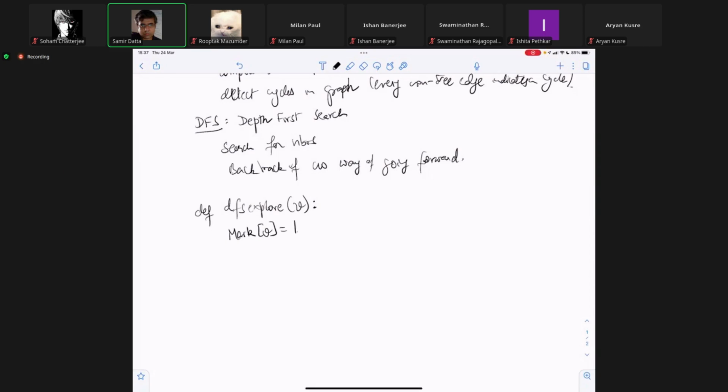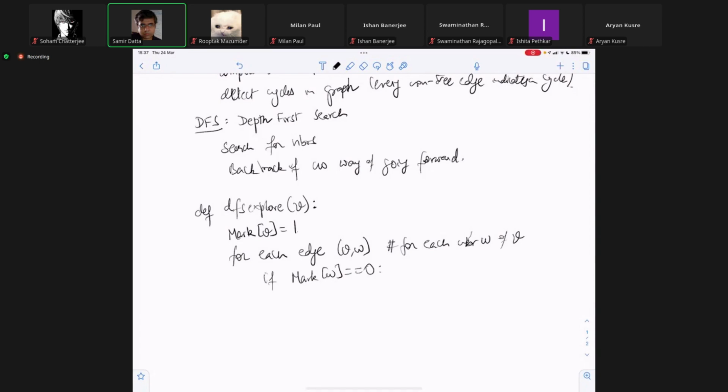And then for each edge V comma W, that is for each neighbor W of V, you just check if W is unmarked.